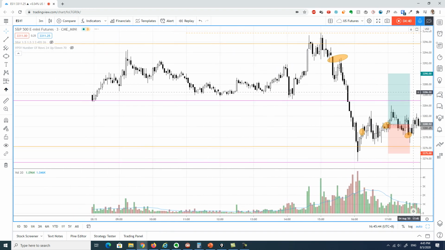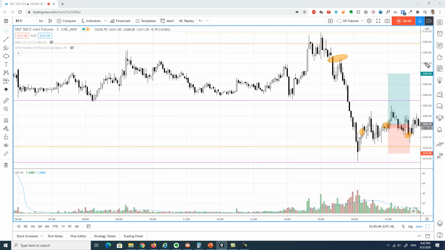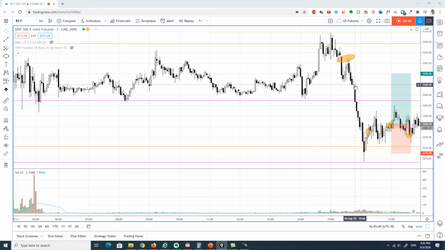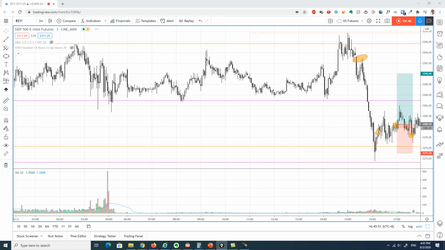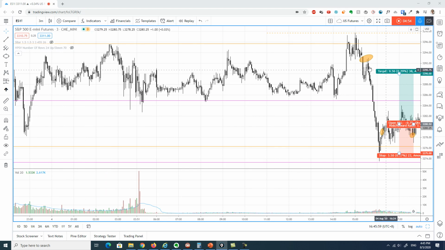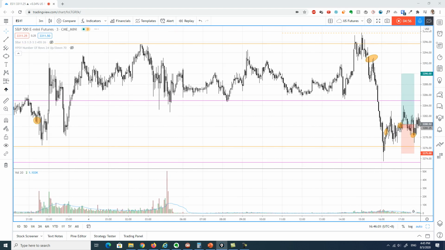First of all, let me have a quick analysis of the potential trade which I missed out because of my strong bias. So we need to take a look at the previous US session, which was here.